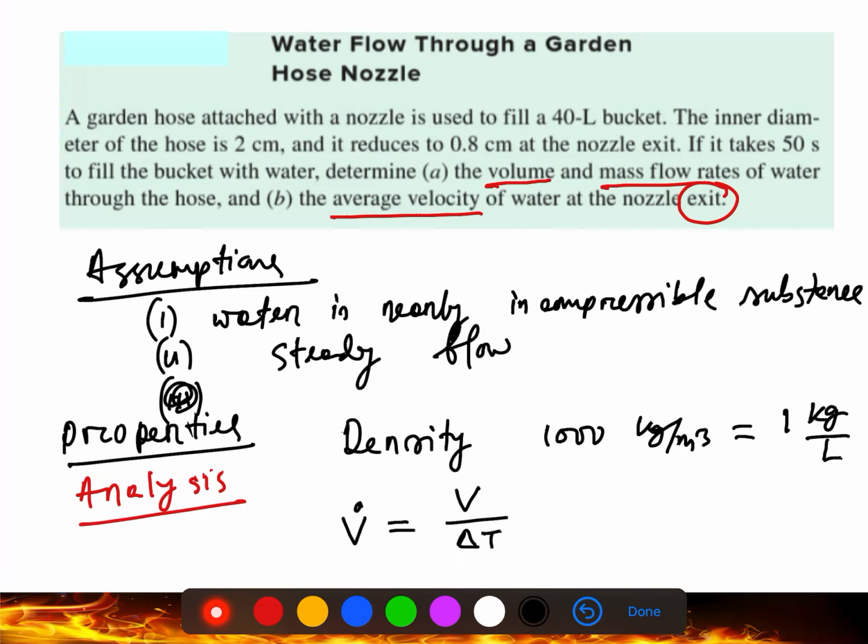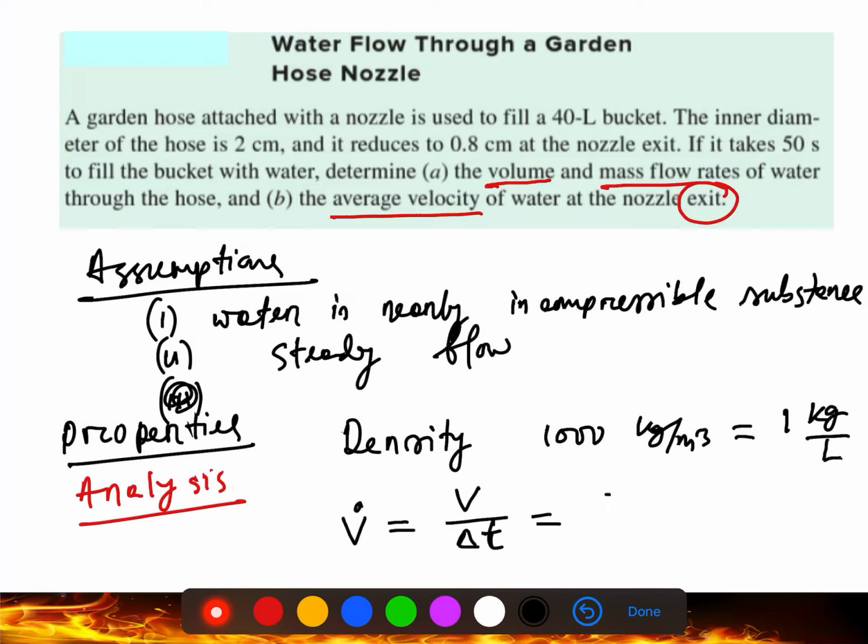If you see the definition, it should be a small t. The volume flow rate is the rate of change of the volume with respect to time. So the volume flow rate V bar is equal to V over t.